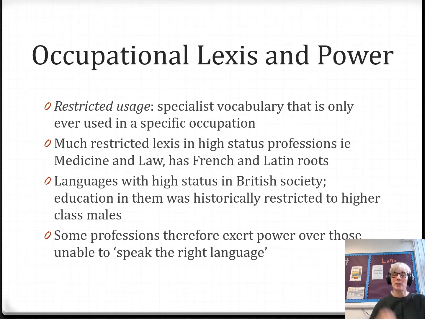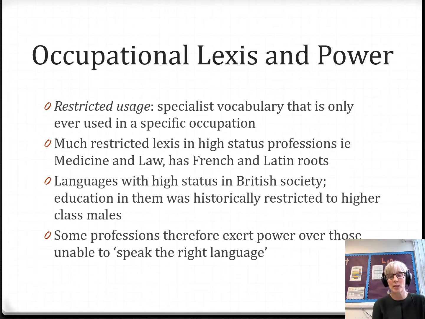One of the most interesting things when we look at language and occupation is how the language reflects power and can actually enact power. Some professions have language that is described as having restricted usage, which is specialised vocabulary that's only ever used in a specific occupation.